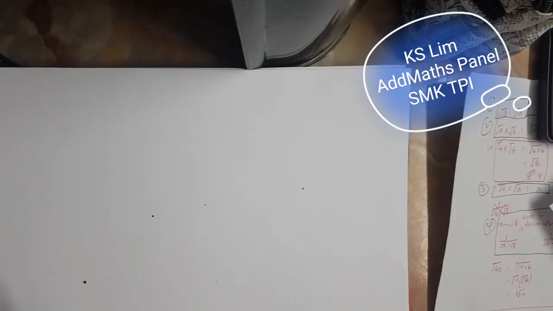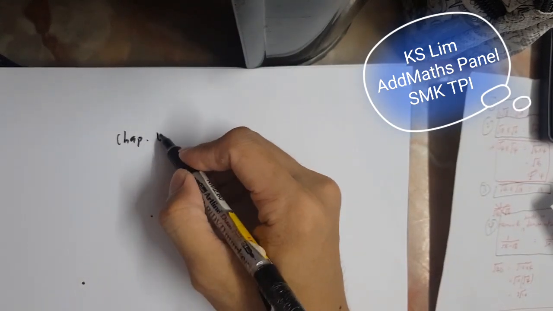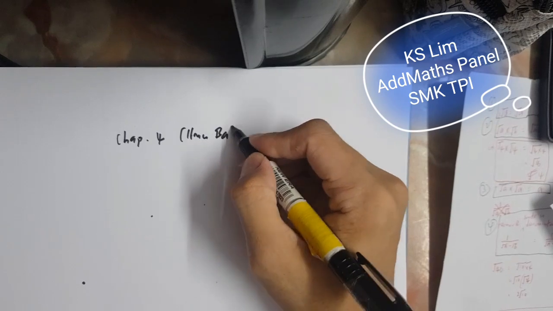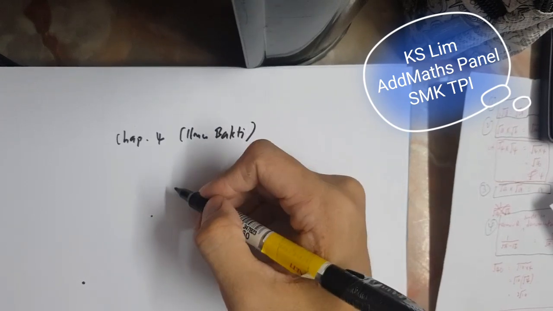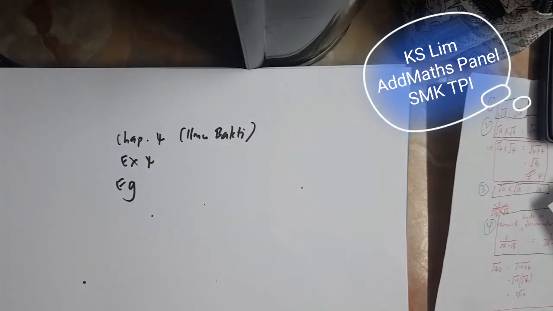Now take out your exercise, chapter 4, ilmu bakti. Look at exercise 4, the example.